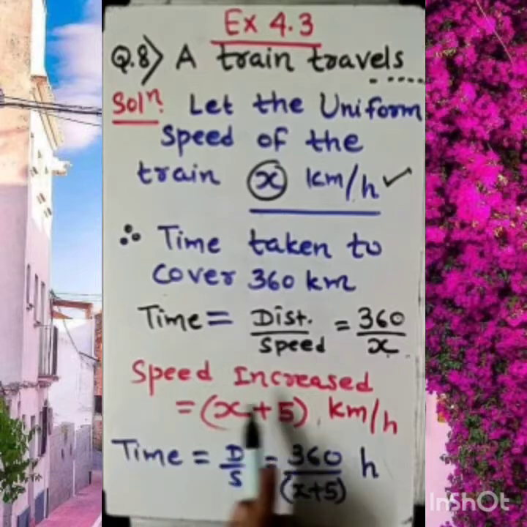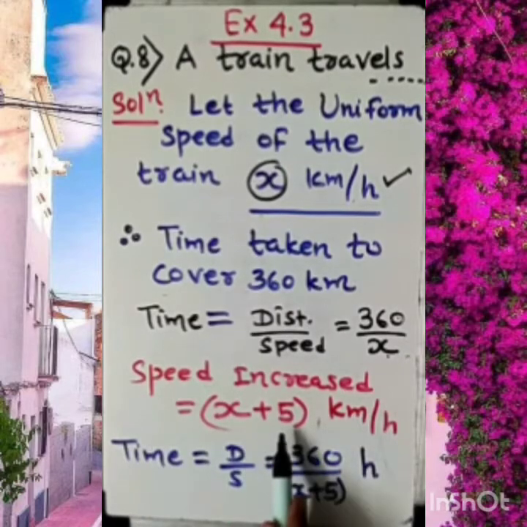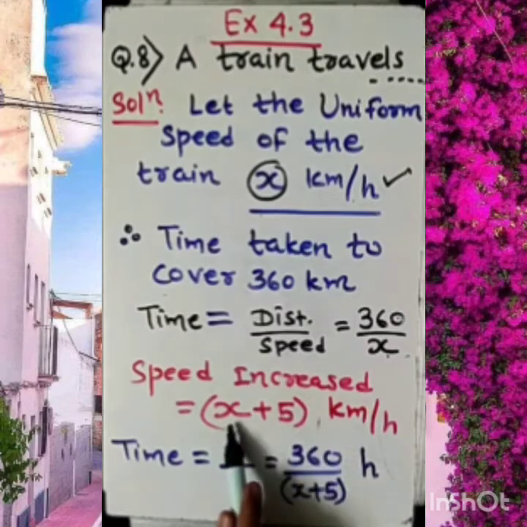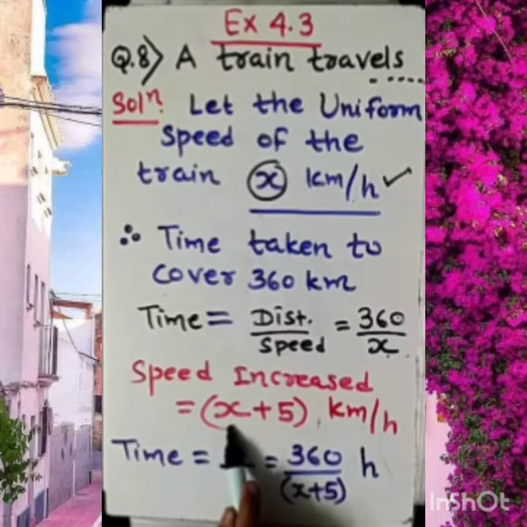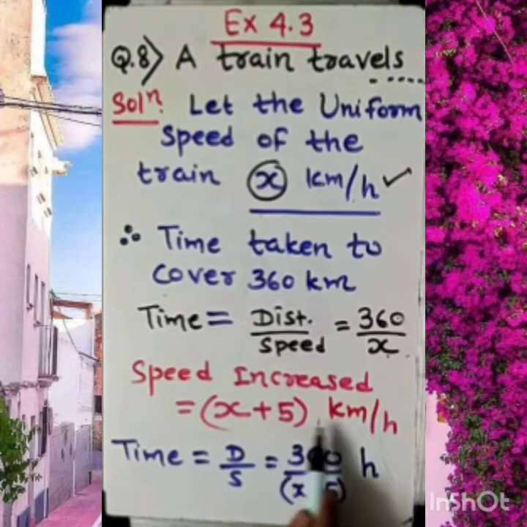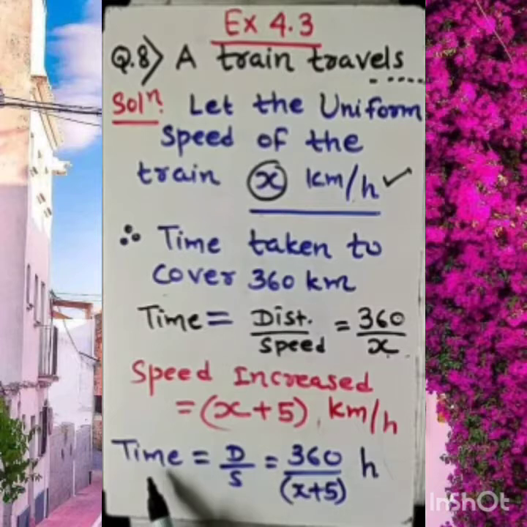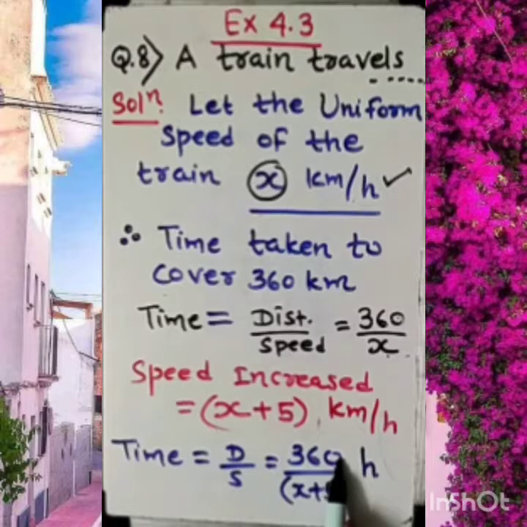Speed increased. How much is the speed increasing? 5 kilometer per hour. It was x kilometer in the beginning and now 5 kilometer is increasing, so it is x plus 5 kilometer per hour. So we need to find the time again, distance upon speed. Distance is constant, 360 kilometer, and speed is increasing.